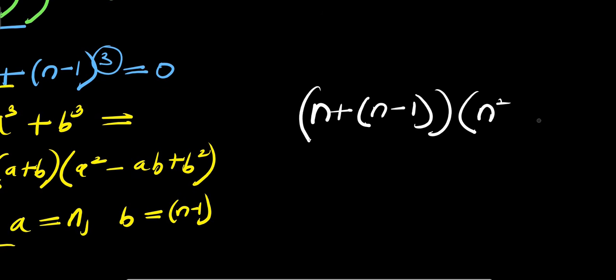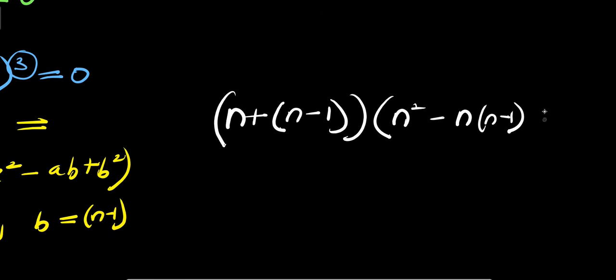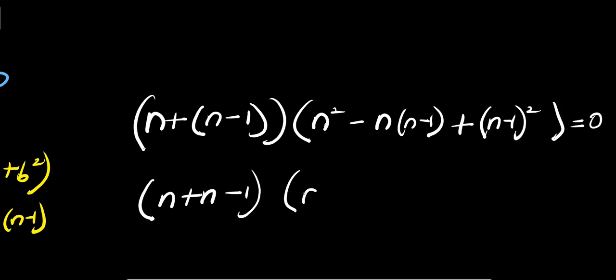Then we have minus ab, that is n times n minus 1, plus b squared. So we have plus n minus 1 power 2. So everything here equals 0.